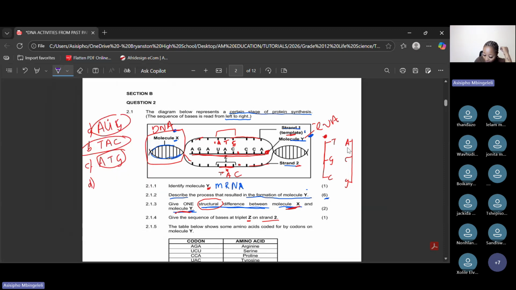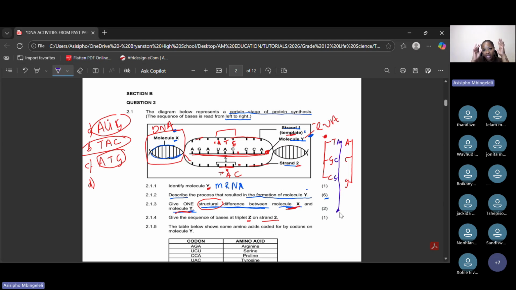Now the messenger RNA will be here in the middle, and we are going to use bases on the left strand in our case, because I've said that's the template strand. So now T will be paired with A, since we are forming a messenger RNA strand. G will be paired with C, and C will be paired with G. This strand will be the messenger RNA strand.